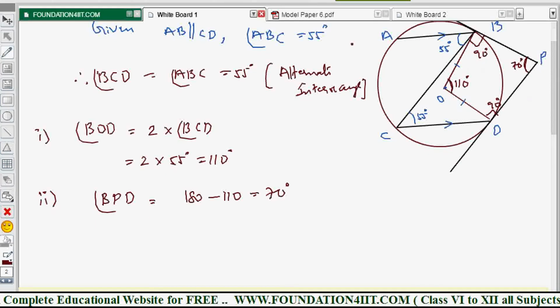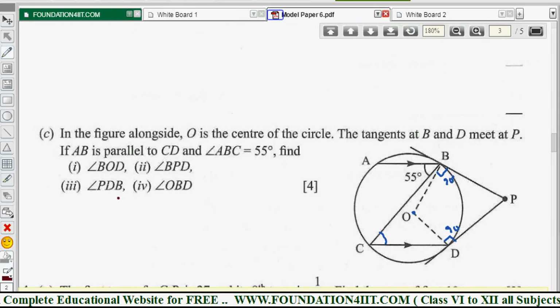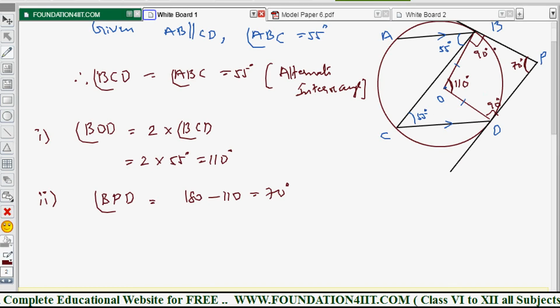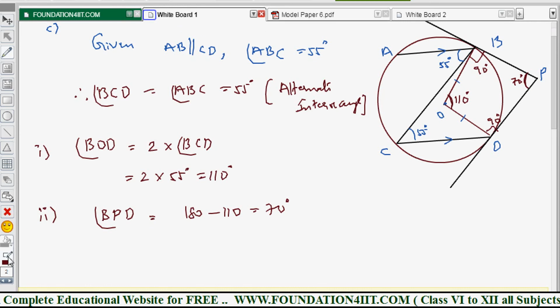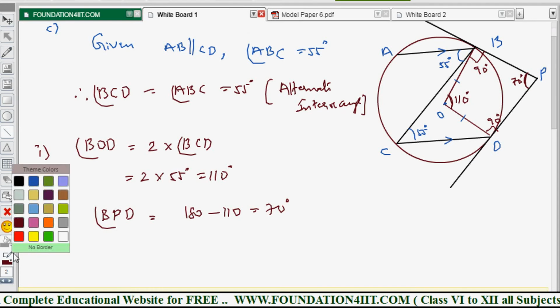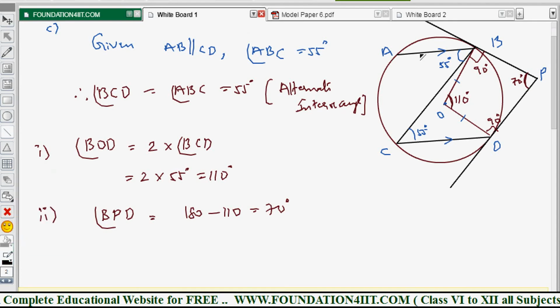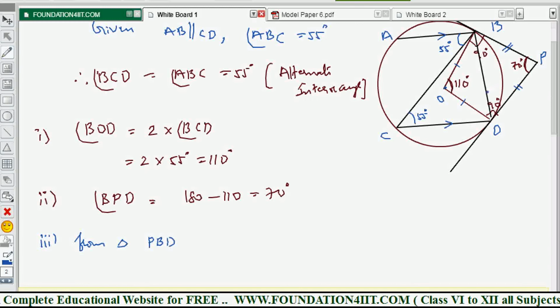Now next, angle PDB. If you join B and D, you can find this angle PDB. Let me join. We know that these two sides are also equal because tangents from an external point are equal. Now from triangle PBD, this is an isosceles triangle, so these two angles are equal.